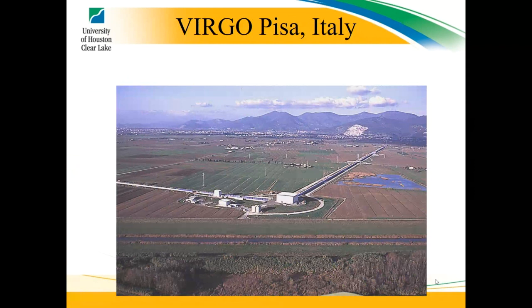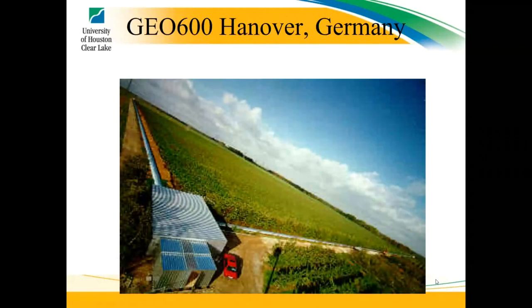The LIGO sites have 4-kilometer long arms. VIRGO has 3-kilometer long arms. And GEO 600, it's not even a kilometer, it's like 600 meters. So much smaller scale. But a lot of the idea of GEO 600 is based around developing the technology, because it took them a long time to develop suspension devices.